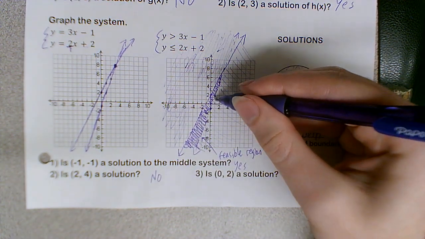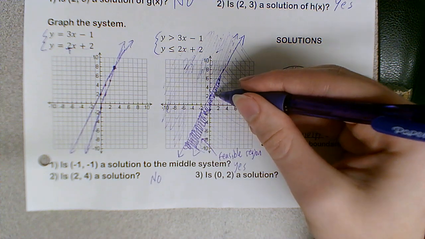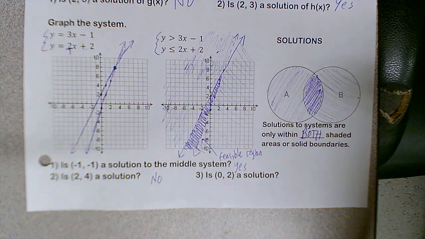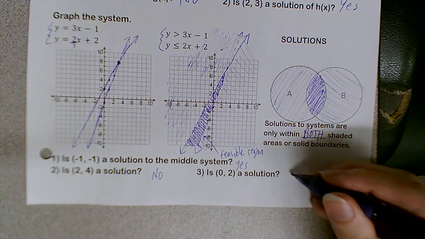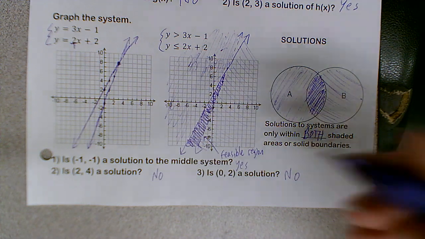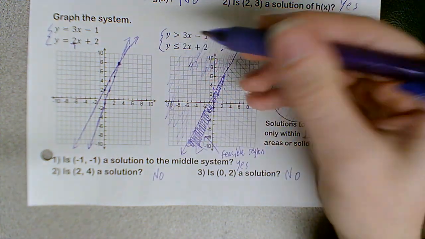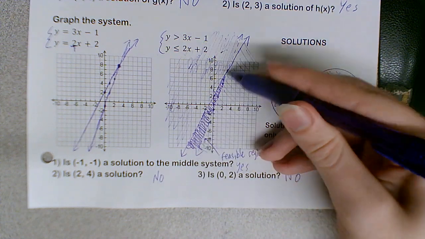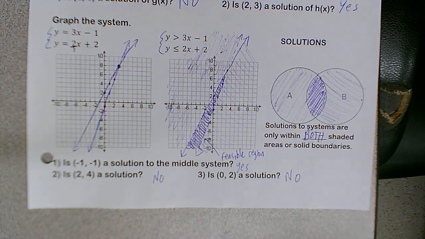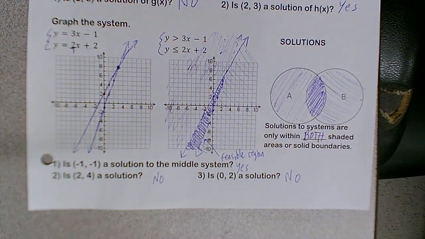Well, 0 comma 2 is actually on this dotted line here. And because it's on a dotted line, the answer is no. If it were on a solid line, the answer would be yes. So if this had an or equal to bar underneath and this line were solid, then the answer would be yes. But because it lies on a dotted boundary, the answer is no.